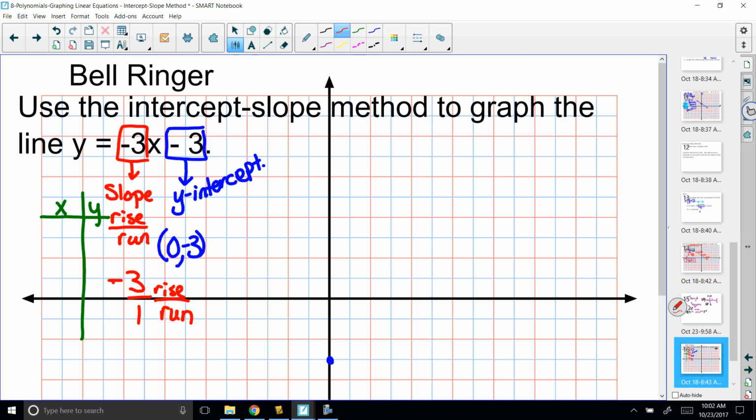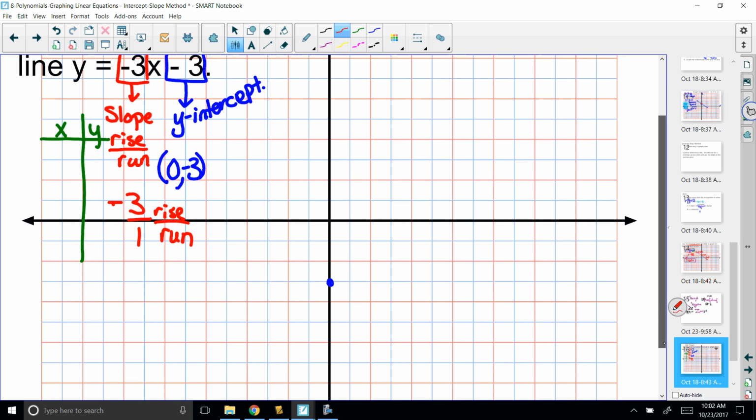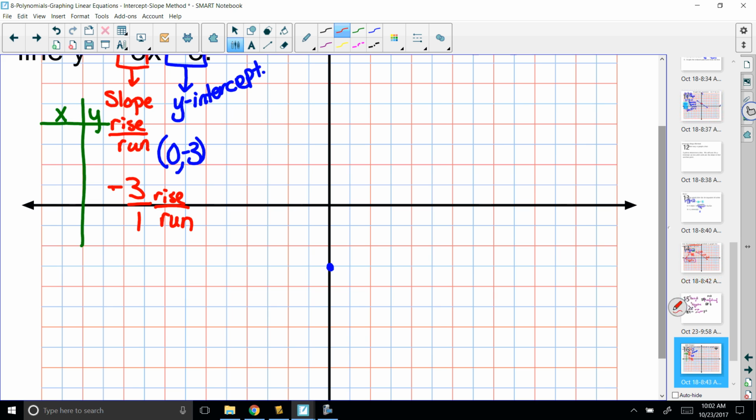So you go from the y-intercept, which was negative 3, and you rise 3. I'm going to go up 3, 1, 2, 3, and run 1. Do I go to the right or to the left 1 so that I get a negative slope? To the left. So I'm going to go to the left 1, and I'm going to get a point.